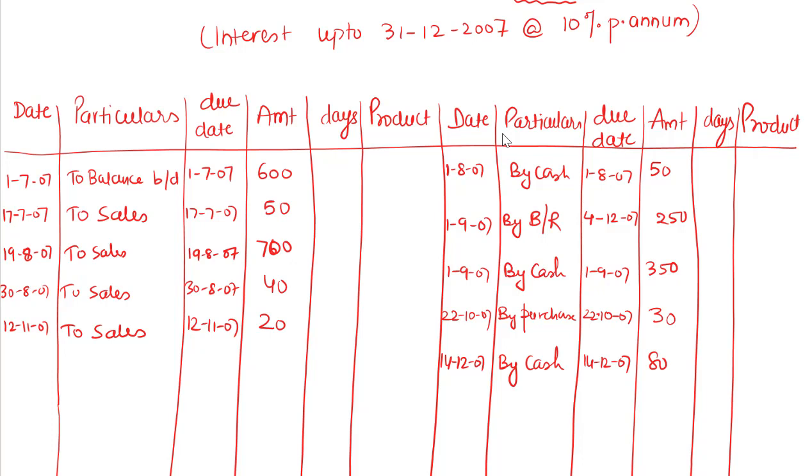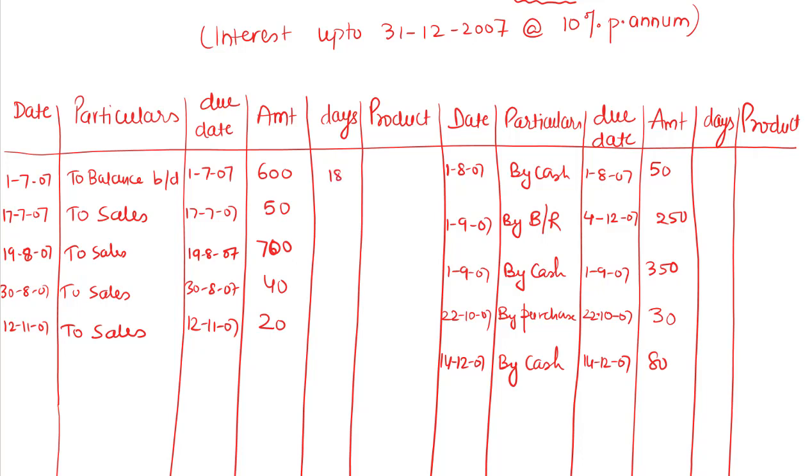So July 31 days, August 31 days, September 30 days, October 31 days, November 30 days, and December 31 days.